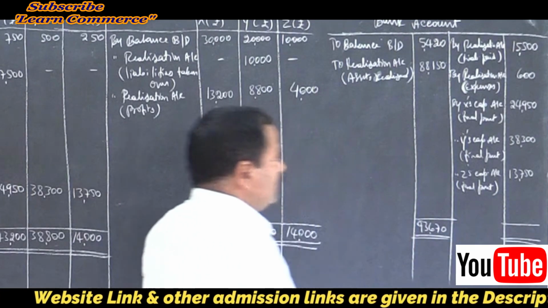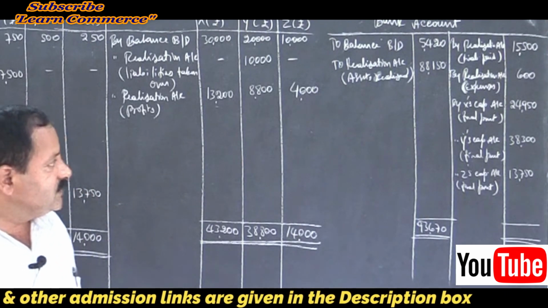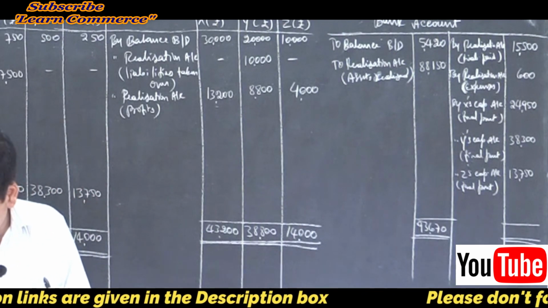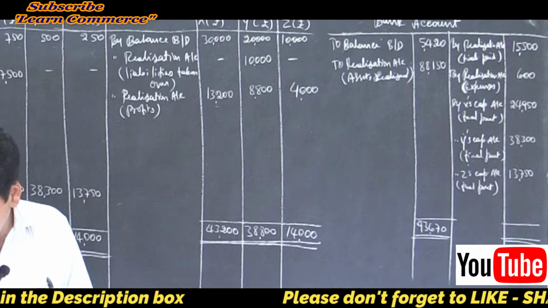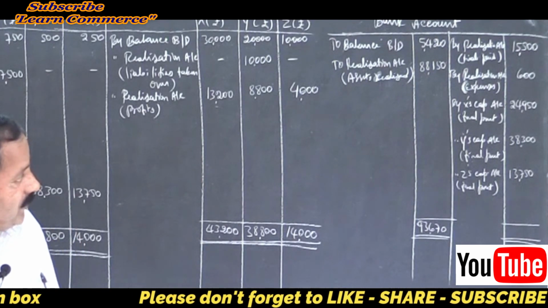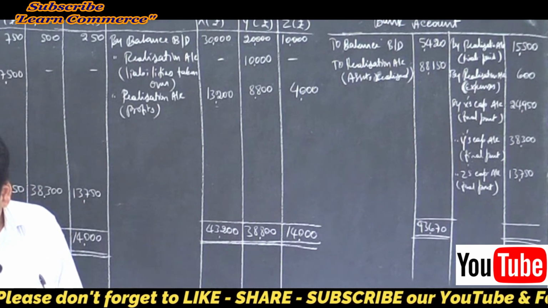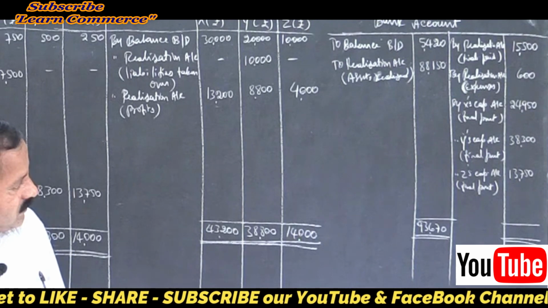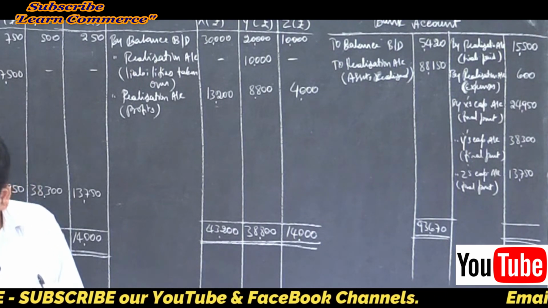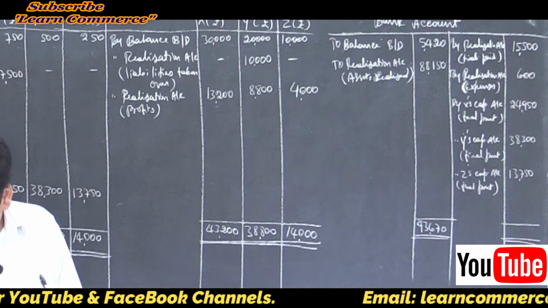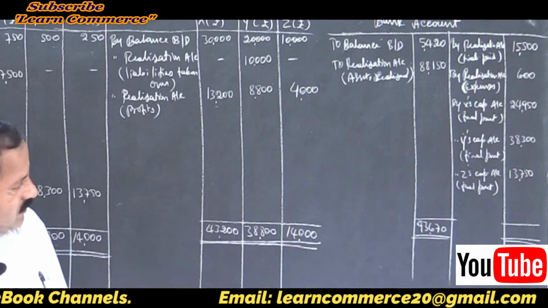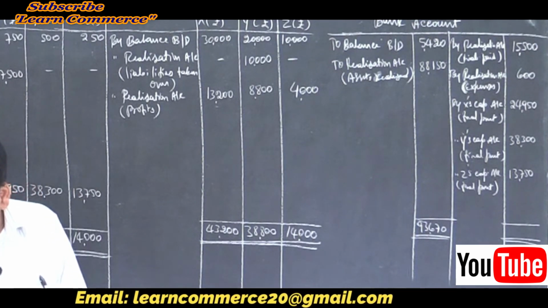Credit side: 16,100, then 24,950, 38,300, 13,750.